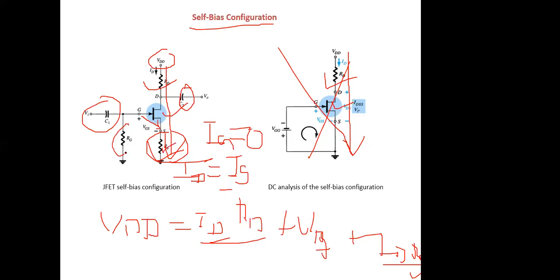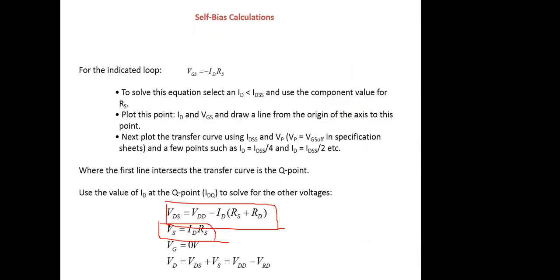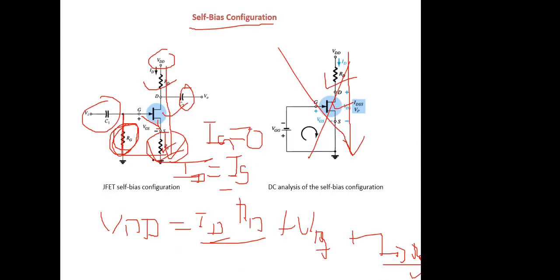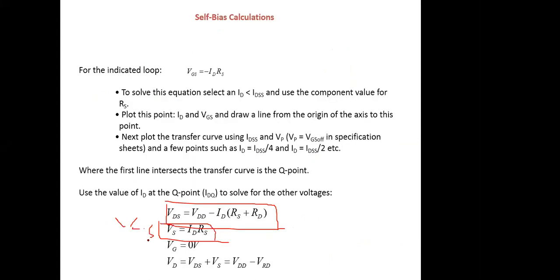There will be no gate current, so there will be no current flowing through this, so this will be just short circuited. So in the input side loop, we will be having VGS and ID into RS. So VGS will be equal to ID into RS. Gate current is 0, so there is no drop, so gate is directly shown short circuited, so VG is equal to 0.